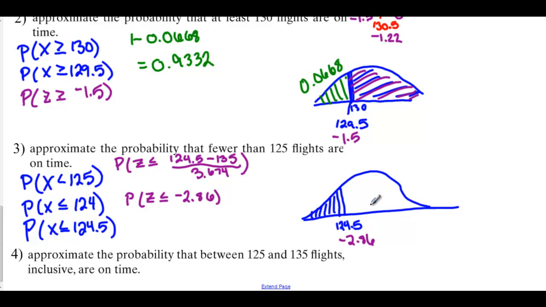So let's see, now we looked that up, negative 2.86. Did you guys get 0.0021? Yes. Good. So not very probable. And we don't have to do anything to it, right? Because the area we looked up is the area to the left, and that's what we were after.